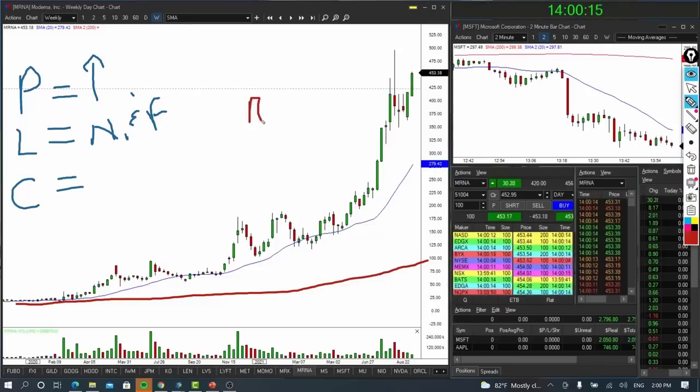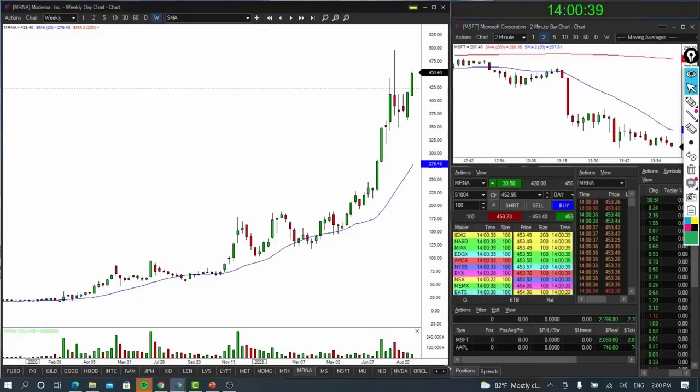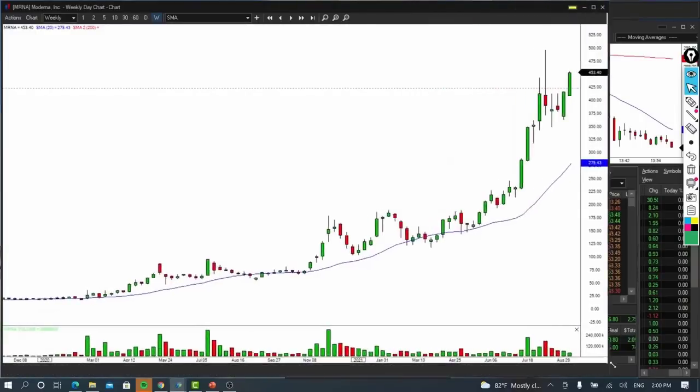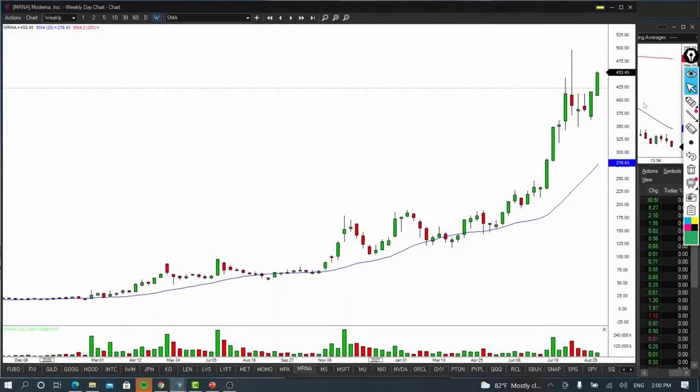Here's a red bar that gets changed by a green bar, which means that the green bar takes out the red bar's high. This is a color change. You got that? That's a color change. As a matter of fact, I should actually do these charts wider for you. Let's do it like that. Greater clarity. Cool. All right.